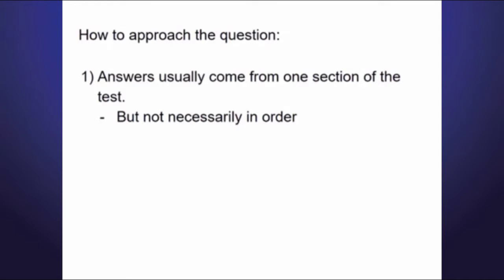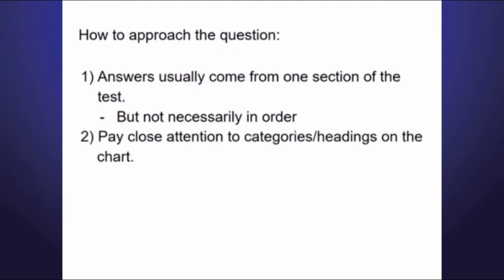Usually, they come from some smaller portion of the text. Okay, now, unlike some other question types like multiple choice questions, the answers may not come in order. You have to find the section of the text where the answers are likely to come from, but don't expect that they come in any kind of order for this question type.